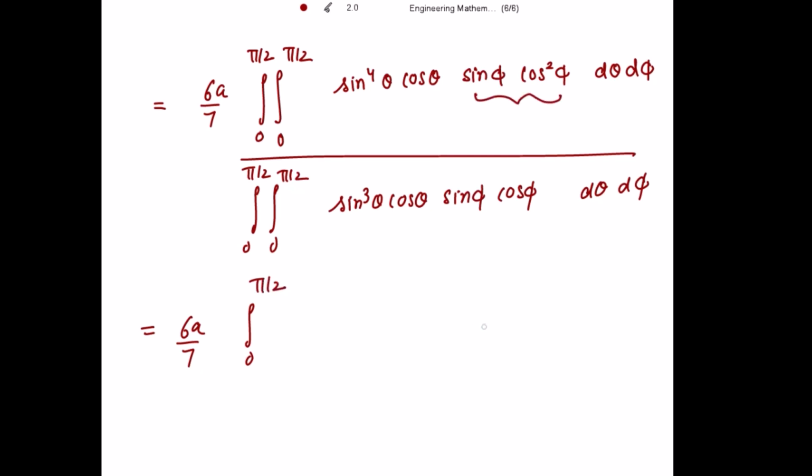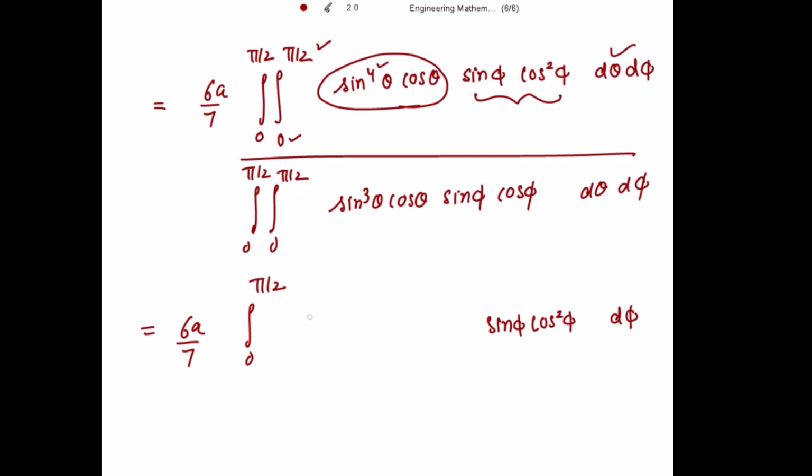And now integrating with respect to theta. Writing this as it is, sine phi cos square phi d phi. When integrating with respect to theta, and because the limits are from 0 to pi by 2, we can use the reduction formula on this. So for the numerator, we always subtract the odd numbers from the powers, right?